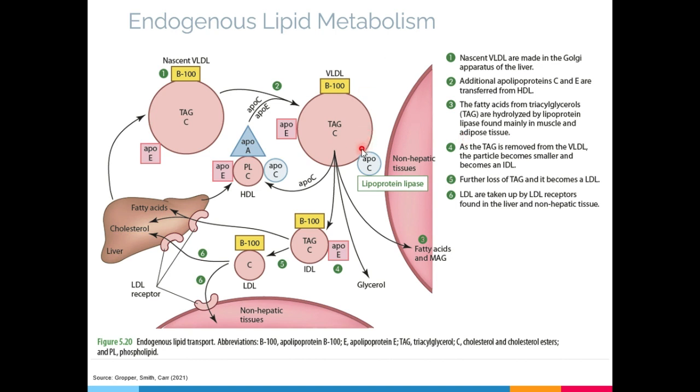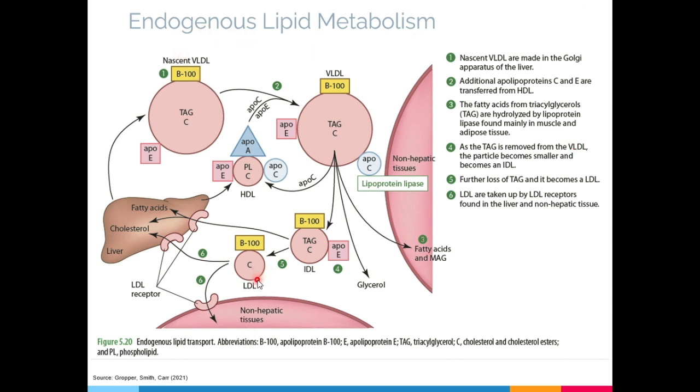As the VLDL shrinks in size, it transforms into something else. If it becomes smaller, it can become IDL later on. And if IDL exhausts its fats, it can be turned into LDL, which is the smallest form of lipoprotein involved in the endogenous lipid metabolism.